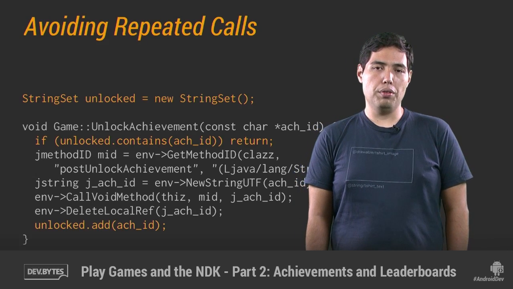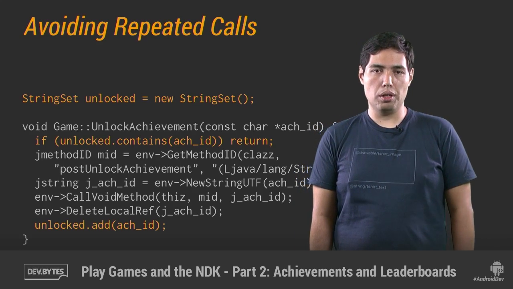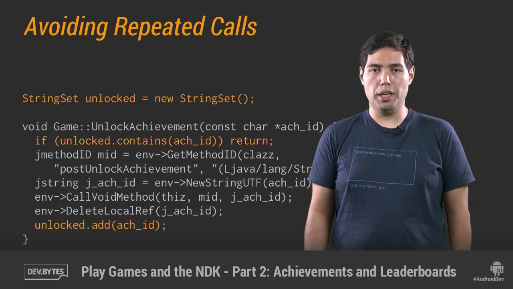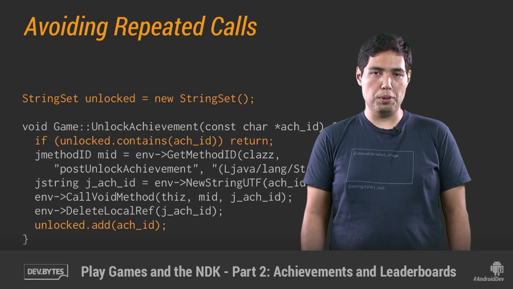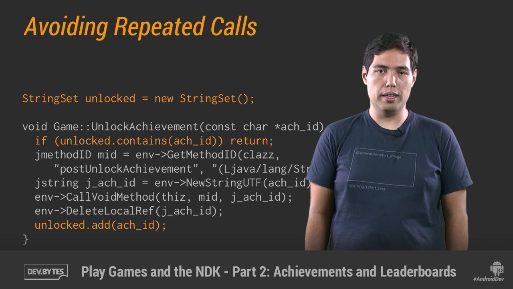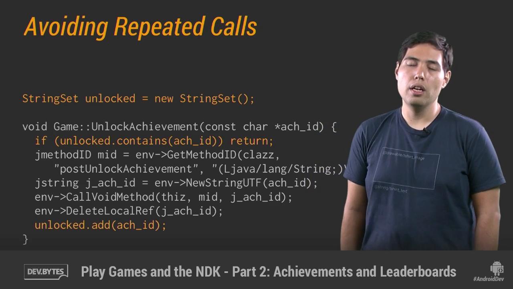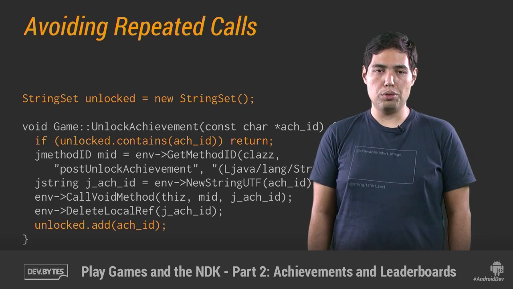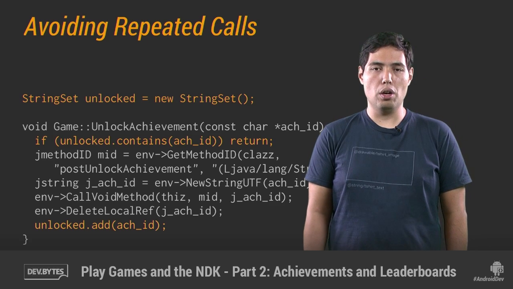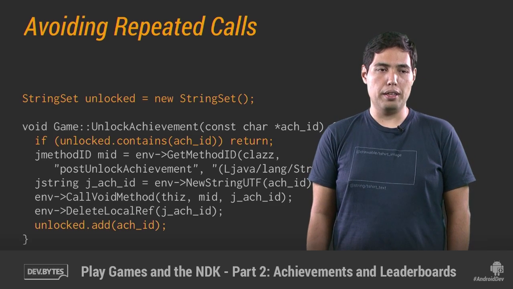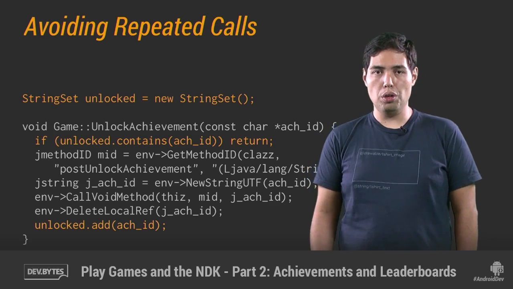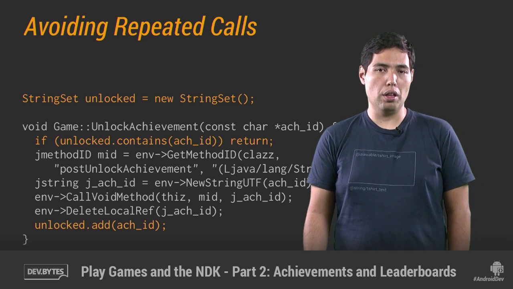Also, you might want to avoid repeated calls because JNI calls are somewhat expensive. If you're running a tight game loop and you are calling unlock achievement all the time, you probably want to avoid that overhead. One thing that you can do is keep a dictionary on the native side that tells you which achievements you have unlocked and which ones you don't know if you have unlocked or not.